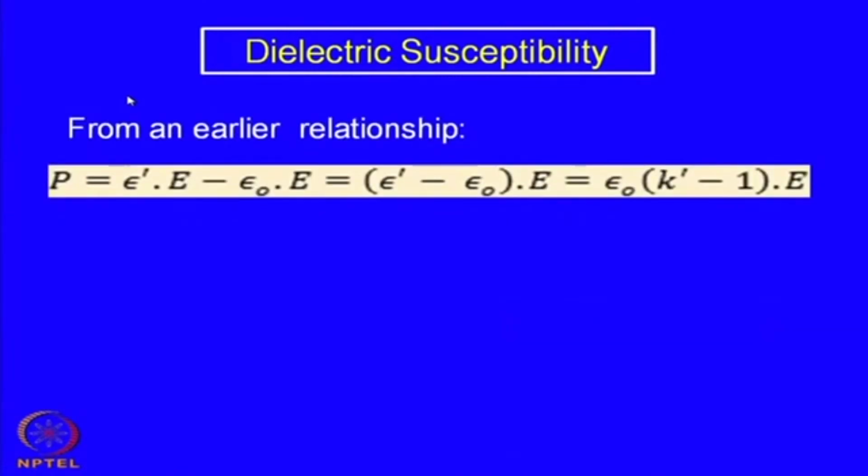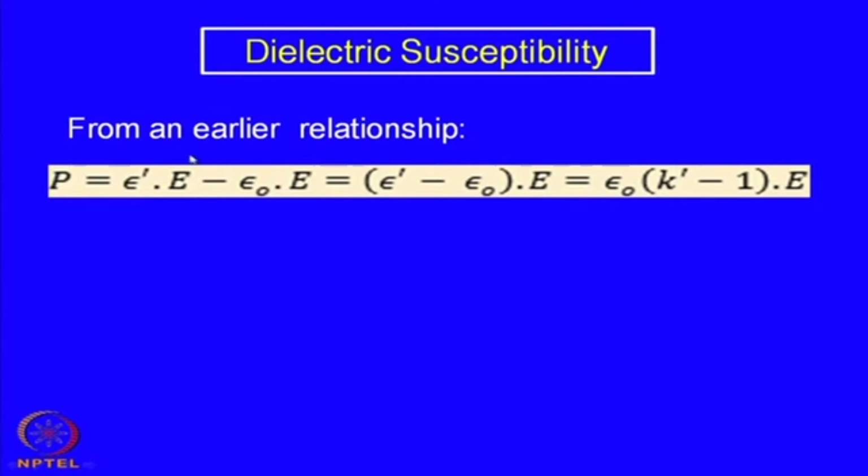There is also another parameter used in dielectric literature, that is dielectric susceptibility. From an earlier relationship, these are rearrangements of those equations used earlier: P equal to epsilon prime E minus epsilon naught into E. So, P is actually the parameter related to the insulator or the dielectric material.